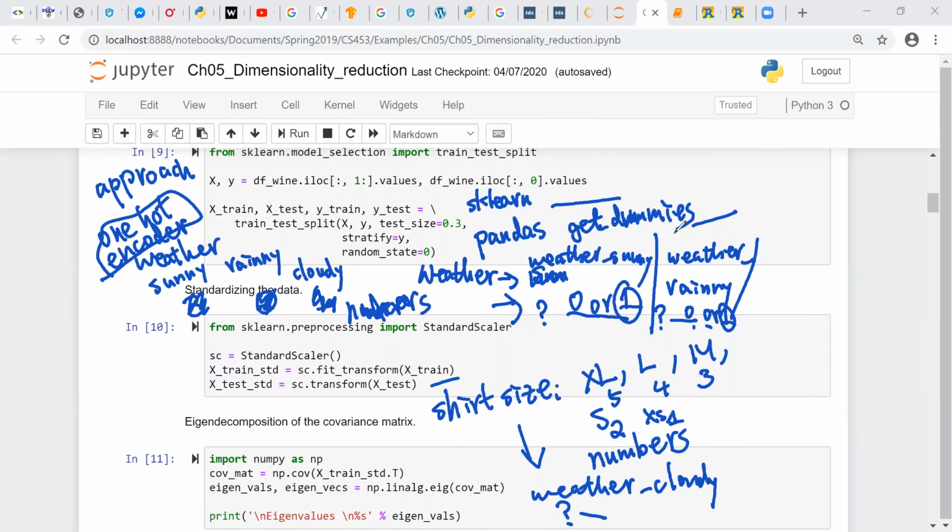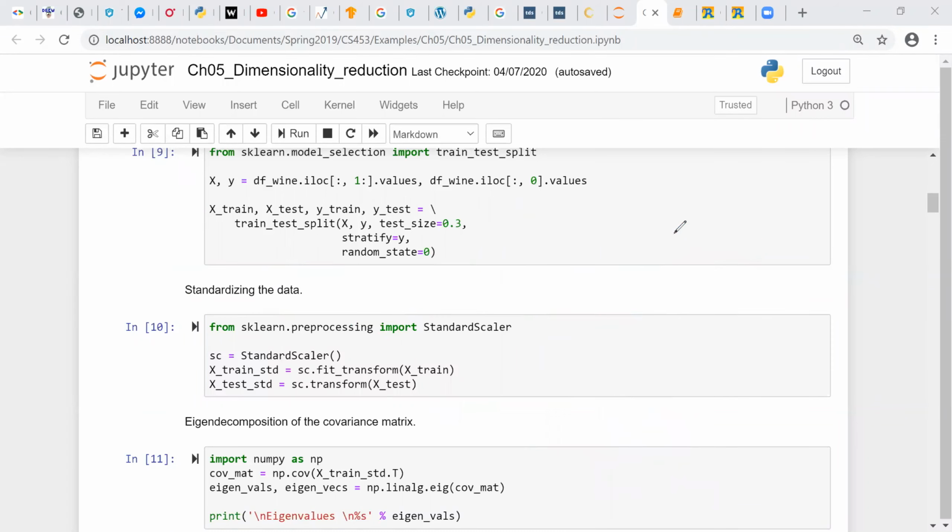Okay, so that's data pre-processing regarding missing data and categorical data. And then we also discuss StandardScaler from sklearn pre-processing. Generally speaking, what is the goal?